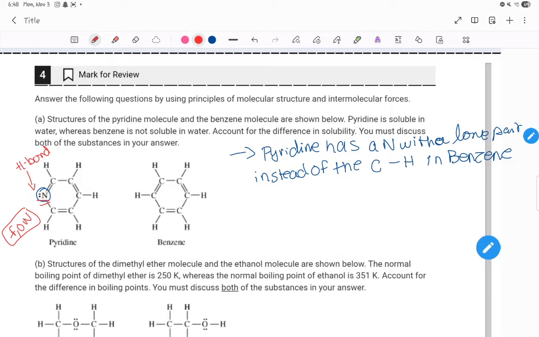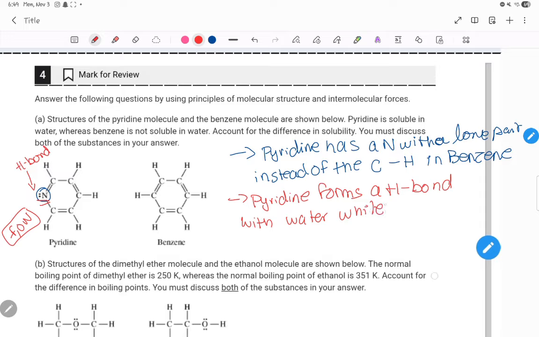Then we say that the nitrogen with lone pair in pyridine forms a hydrogen bond, or we can say that pyridine forms a hydrogen bond with water, while benzene cannot.